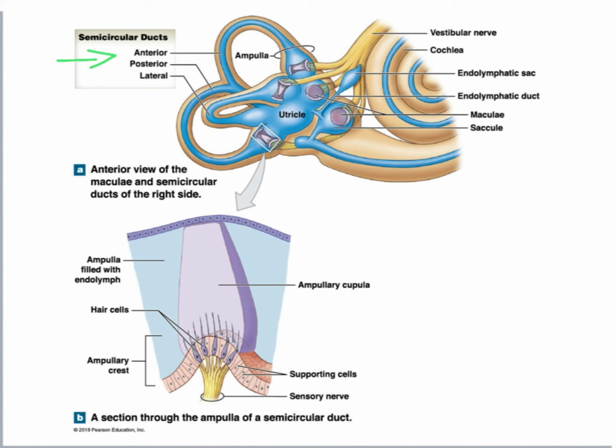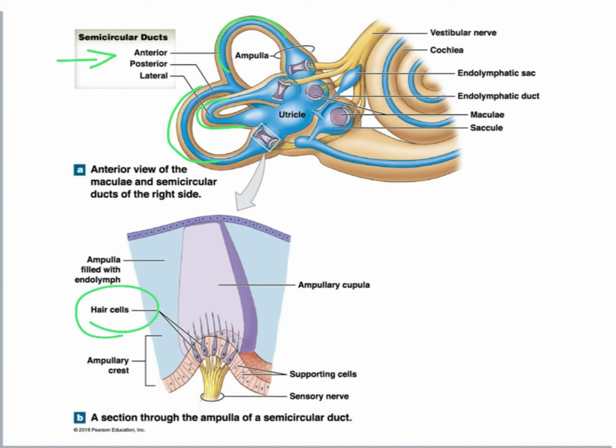And we have the posterior, anterior, and lateral semicircular ducts. And we should think of them as X, Y, and Z, which gives us the three-dimensional representation of our head in space.